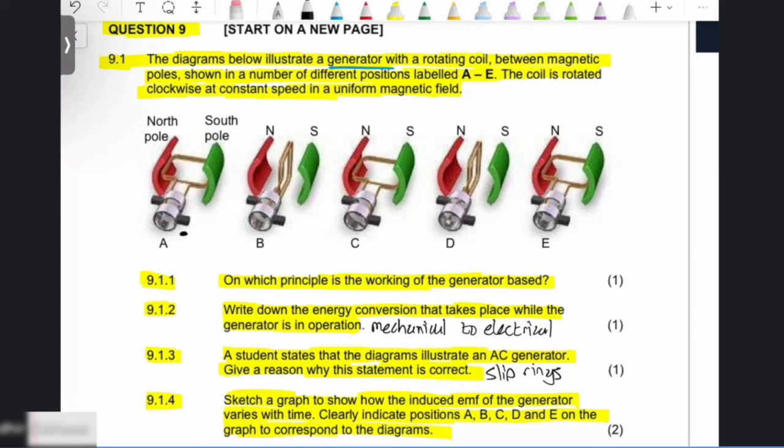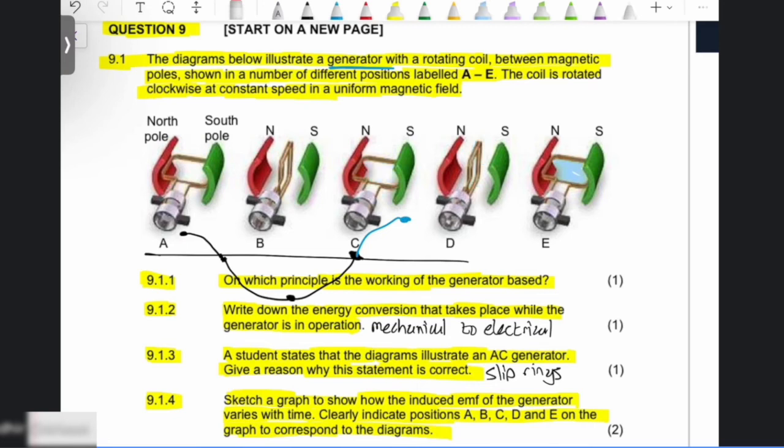So it starts off at its maximum, and then when it's perpendicular, that's its zero position. Then it goes below, and then it's going to come back up to the zero position, because that's the way the graph would be. Zero would be here because it's perpendicular. And then again, a maximum would be there.